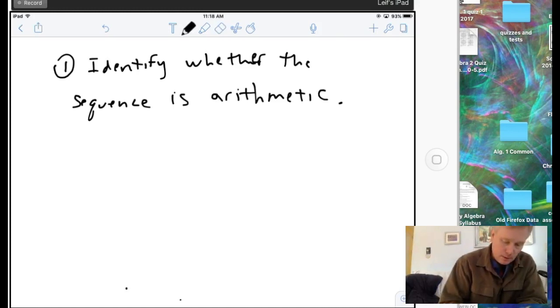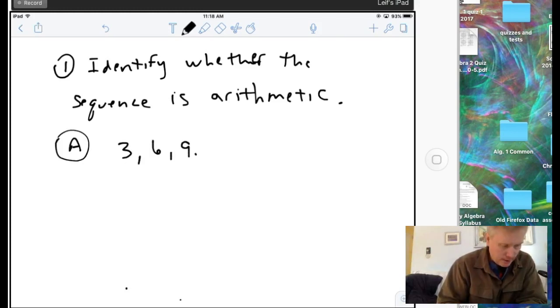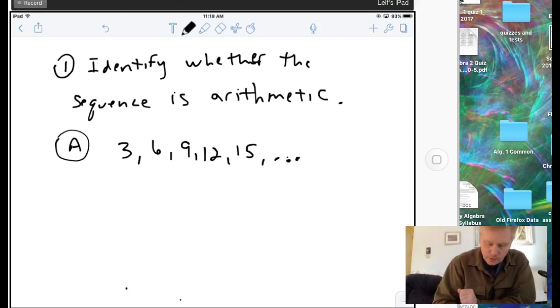Okay, and we'll have parts A and B. First one goes 3, 6, 9, 12, 15, dot, dot, dot. The dot, dot, dot means it keeps going forever. Even though we're not going to write down every single term, it does keep going.